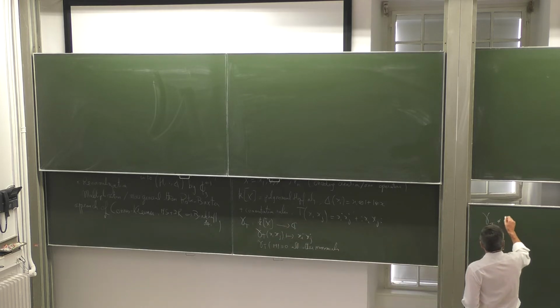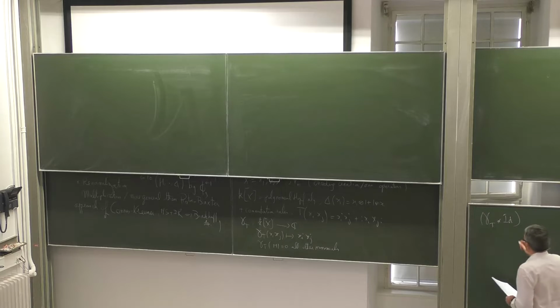At least if you're a bit used to computations with coproducts and coalgebras, it's a straightforward computation. When you apply this to an arbitrary product in the Hopf algebra, I'm choosing the generators, but it applies to all products, then what you get is the sum over all one pairings.